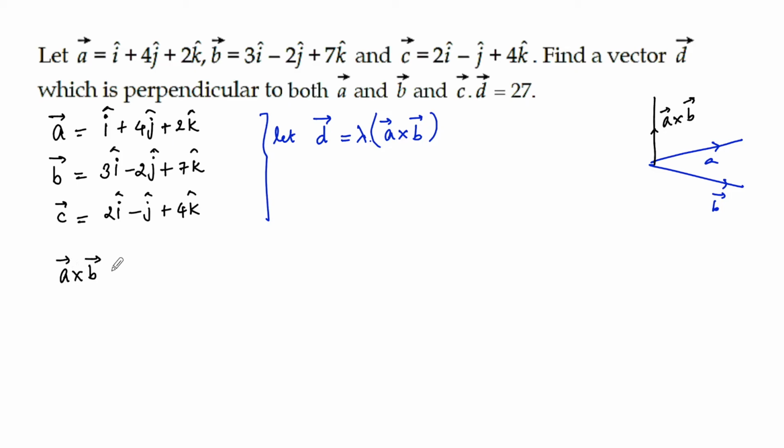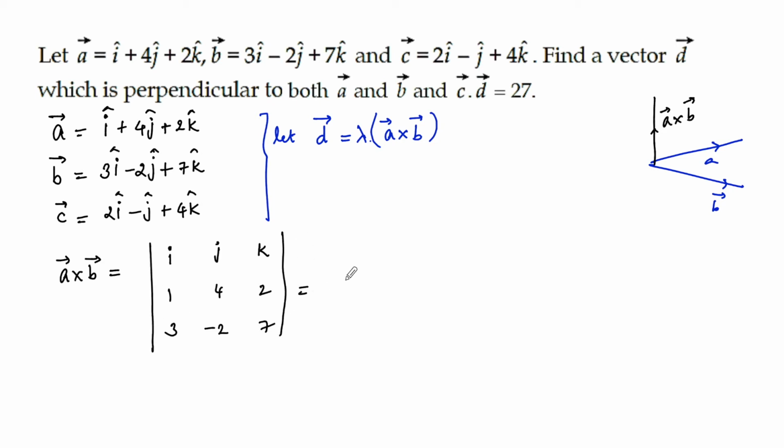The vector A cross B is equal to determinant of i, j, k and scalar components of the first vector A: 1, 4 and 2, scalar components of the second vector B, that is 3, minus 2 and 7.